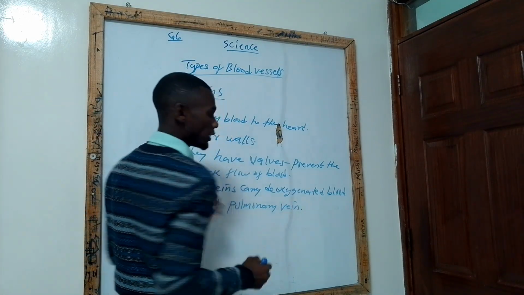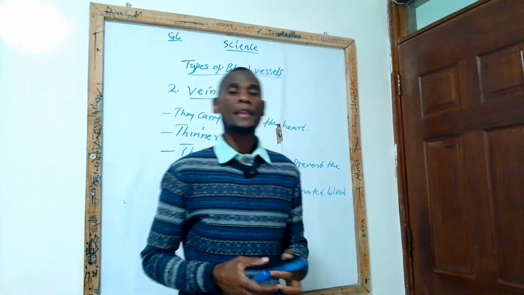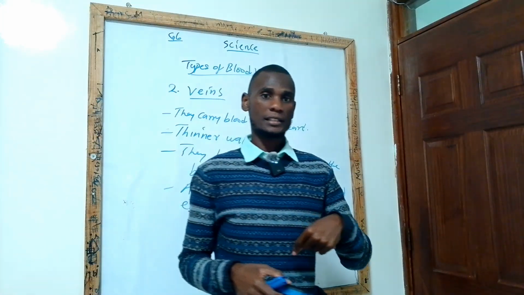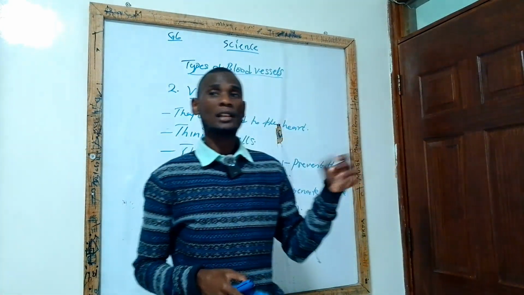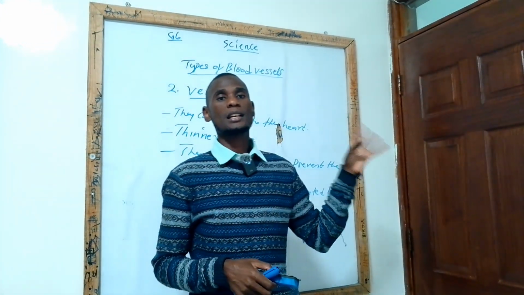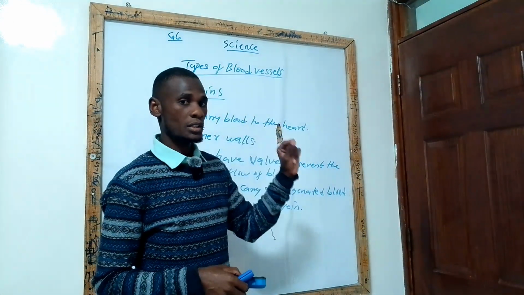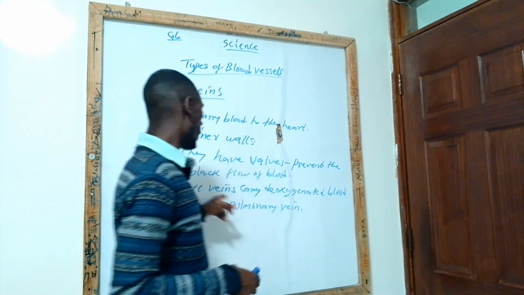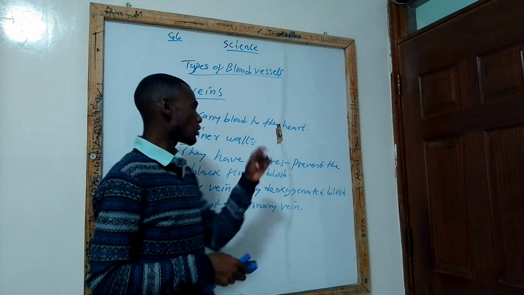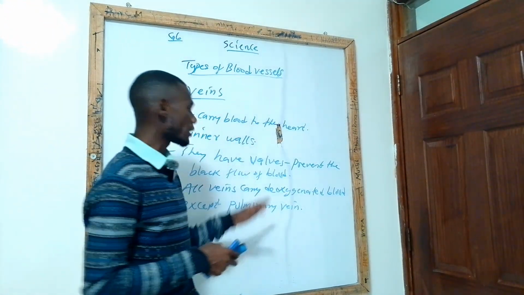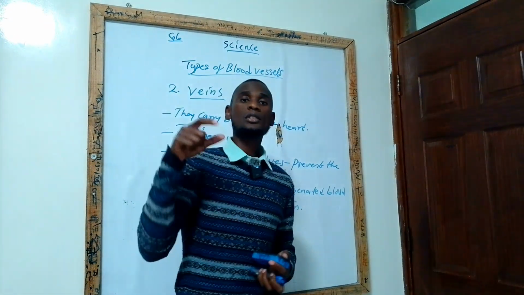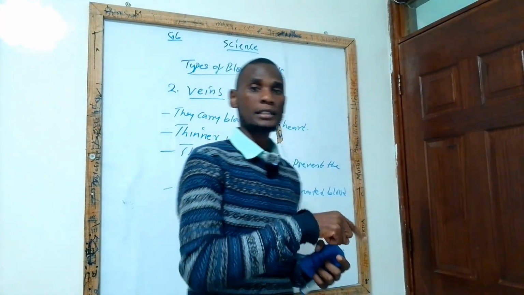Remember, the pulmonary vein carries blood from the lungs to the heart. Blood from the lungs has been oxygenated, so it has oxygen. It is not deoxygenated blood. So all veins carry deoxygenated blood except the pulmonary vein, which carries oxygenated blood from the lungs to the heart.